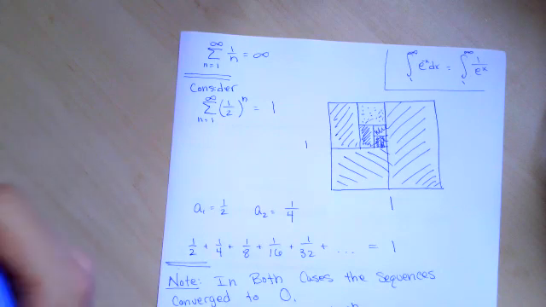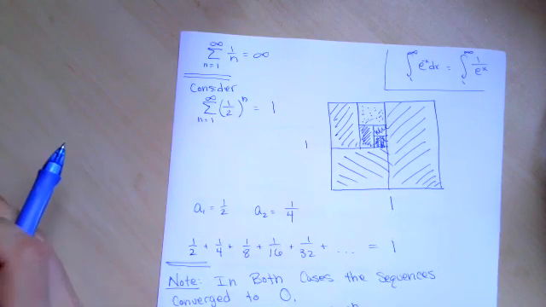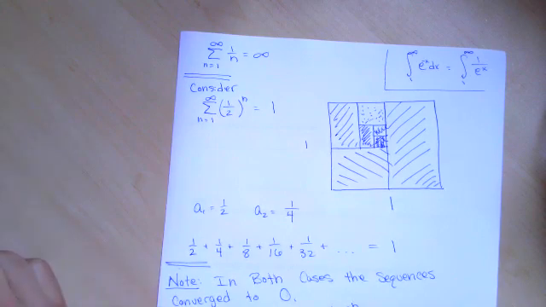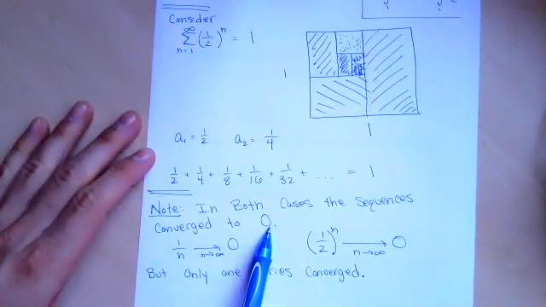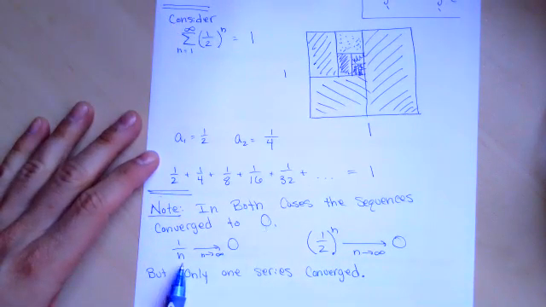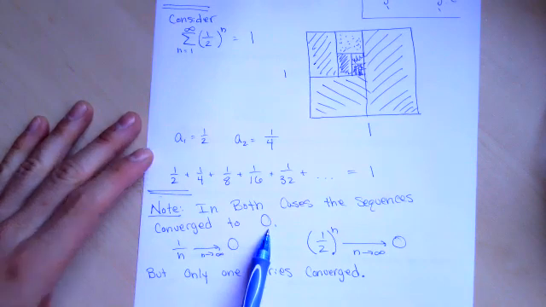We're just going to get bigger and bigger numbers. Even if I'm only adding up 1/2 plus 1/2 plus 1/2, it's still going to go to infinity. So in order to get convergence, we have to have that the individual terms go to 0.